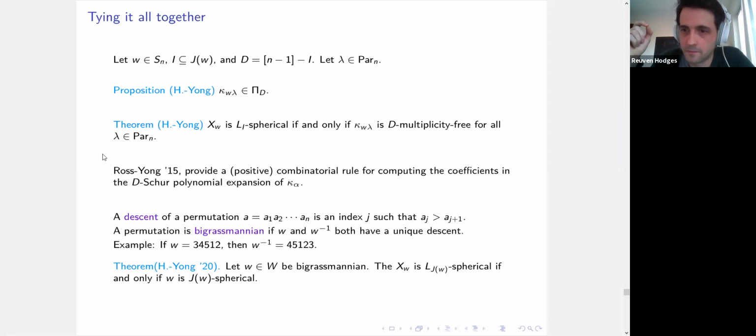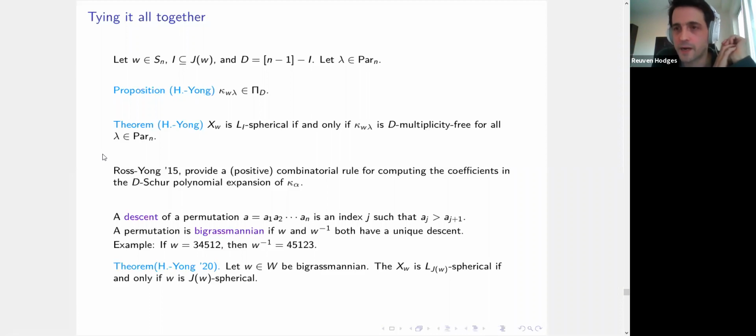Is it any line bundle? You need the sections of all the line bundles together. So it's individually, I think. It's that each specific space of sections, H0 of XW, L lambda, should be G multiplicity free for any L lambda that is G linearized.